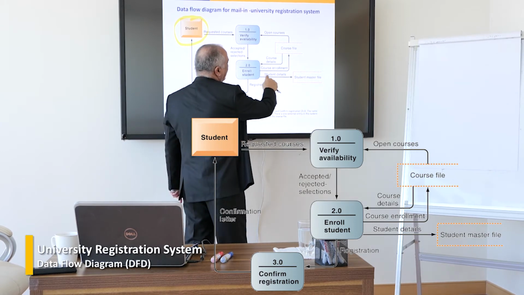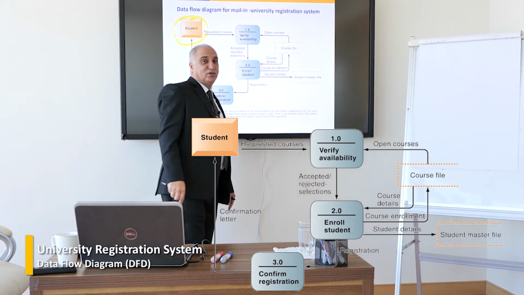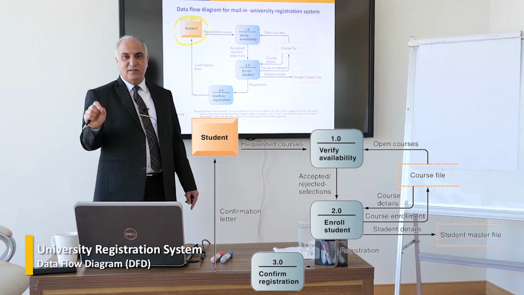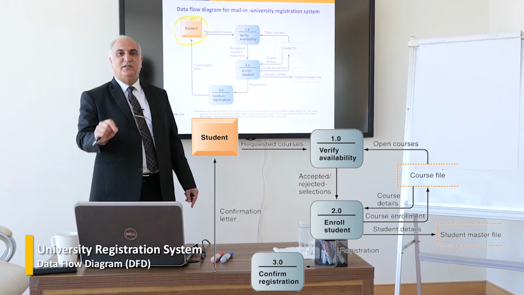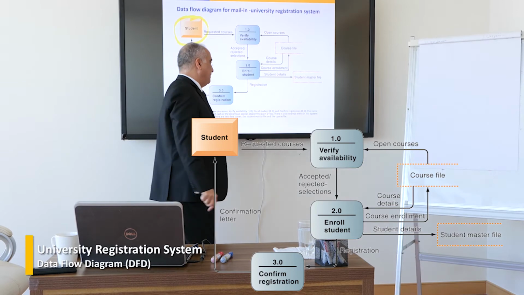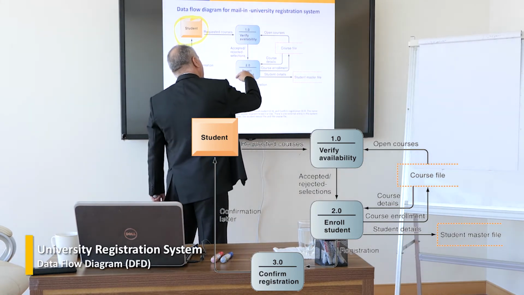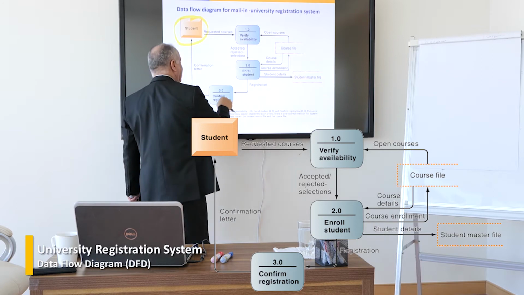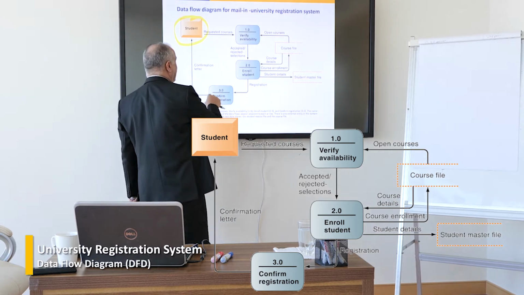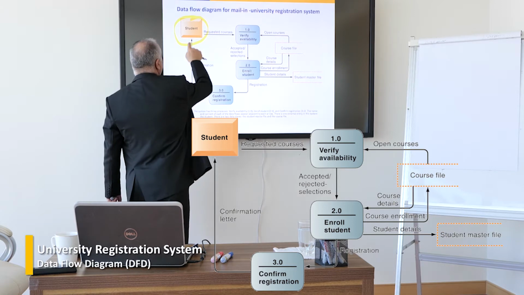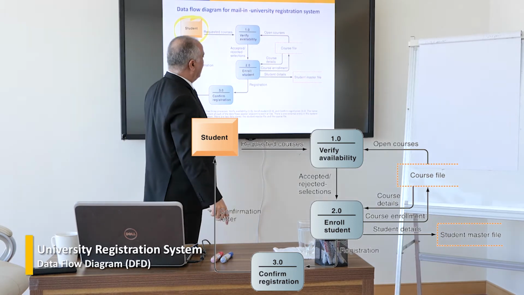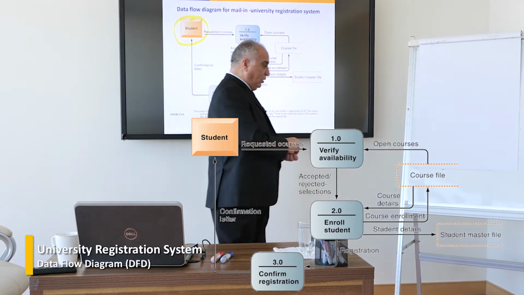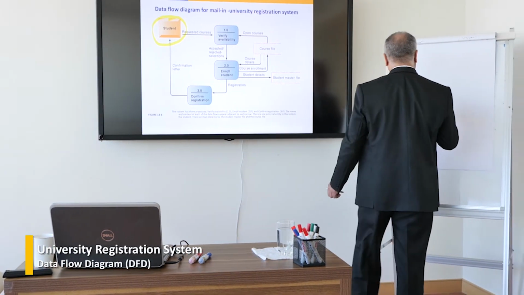We also need to update the student file with the information that this student is taking this particular course. Upon finishing this process, we call another process, the confirmation process, which sends the student the confirmation.